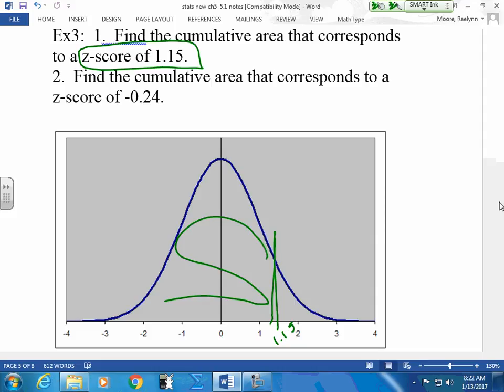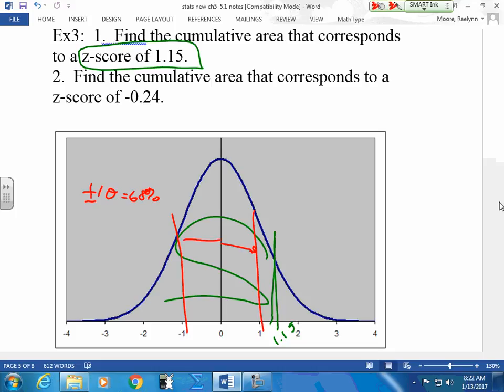Okay, so let's break this down just a little bit more. We said, and you don't have to do this, I just want you to get a feel for your curve. We said between, or you guys told me, between positive 1 and negative 1 is about 68% of your curve. Good? So therefore, between 0 and 1, what percentage of your curve is that? 34. It's half, right?